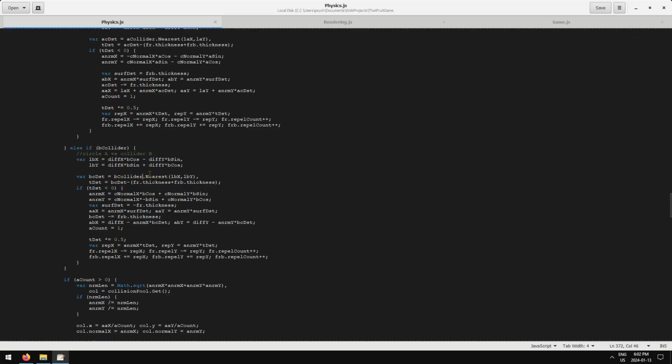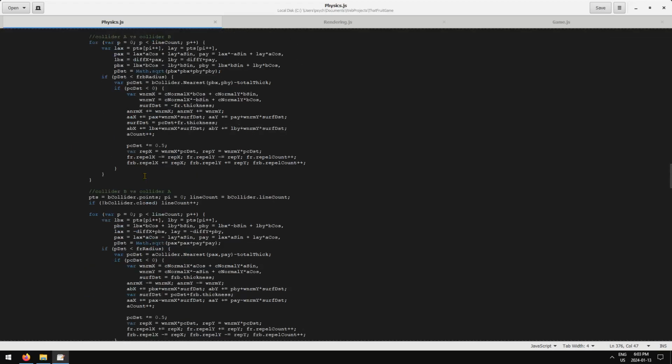Because these collider nearest functions are done with points relative to the collider, once we get the normal back from that, we need to rotate it back with the non-inverse, the normal rotation, to get the world normal, because the normal that you get out of this collider nearest function is local, just like the points you put in. So that's basically the essence of doing the collider rotation, is converting between local and world rotation.